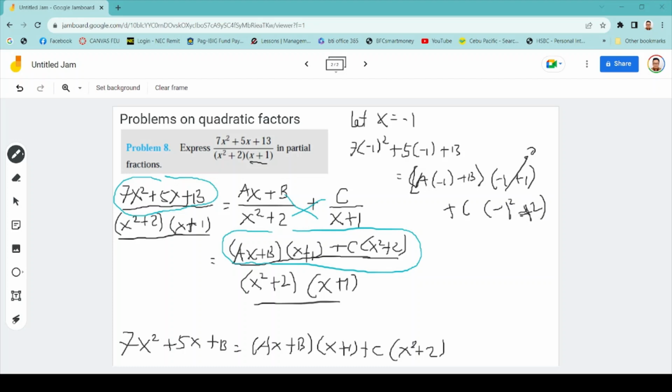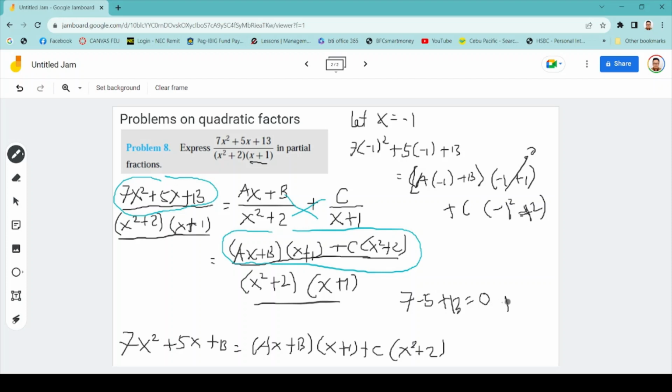So 7 times negative 1 squared is 7, 5 times negative 1 is negative 5, plus 13, and this one is already 0.